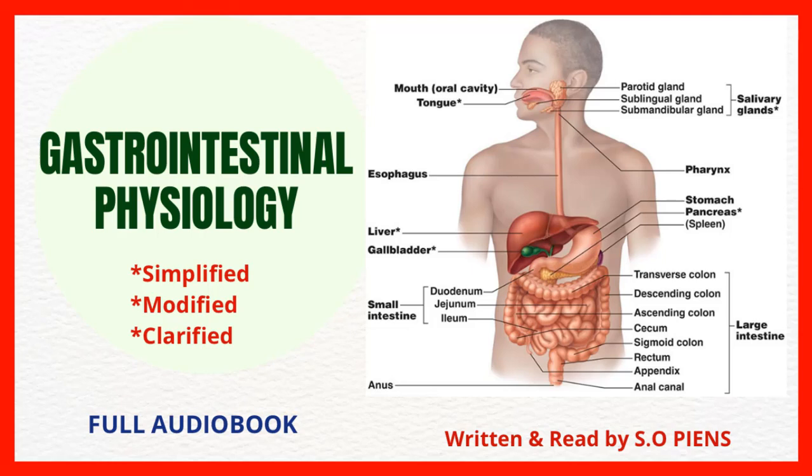The intrinsic defecation reflex is mediated by the enteric nervous system, which is the intrinsic innervation of the GIT. The extrinsic defecation reflex is mediated by the autonomic nervous system, which is the parasympathetic part of it. Now we need to note that the extrinsic defecation reflex is stronger and acts most of the time.